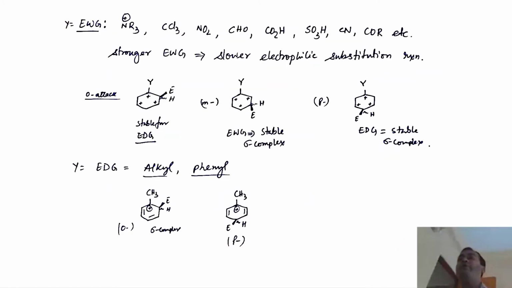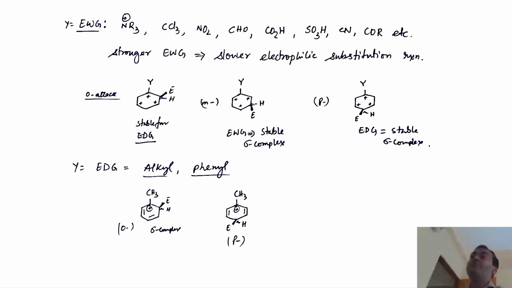Now, what we will do is see different examples, different substituents and their effects. How does this work? The first category that I want to present is, anyway, all these things you will find in Peter Sykes. The entire course today will be available in Peter Sykes. So the first category is when Y is an electron withdrawing group.